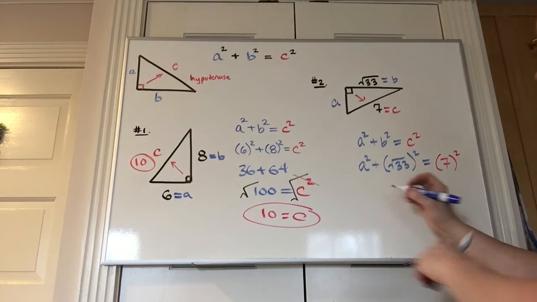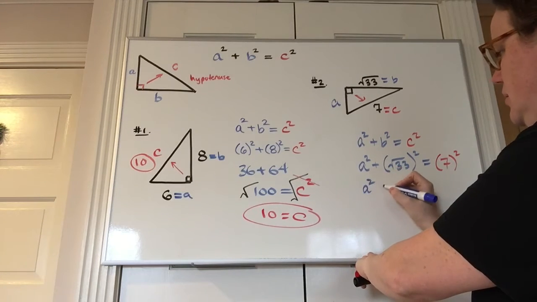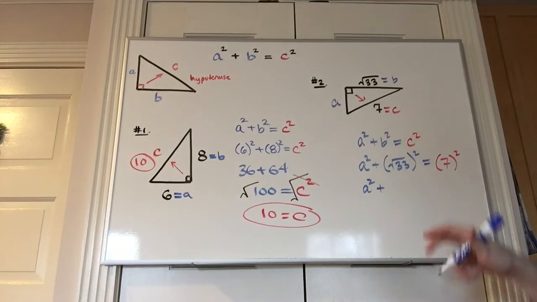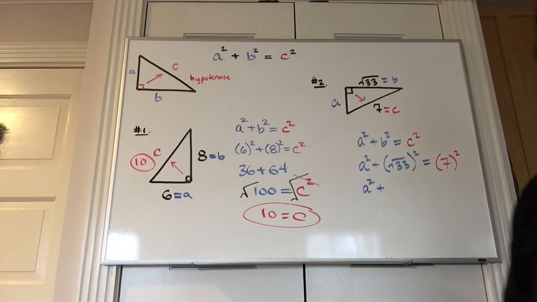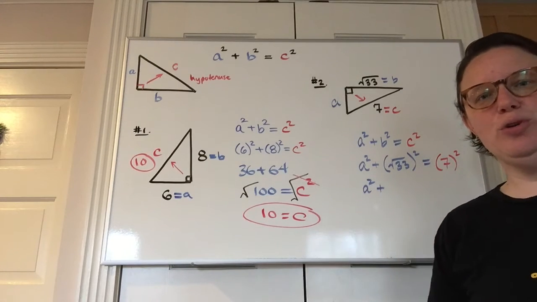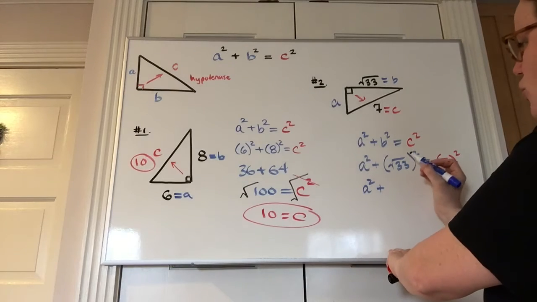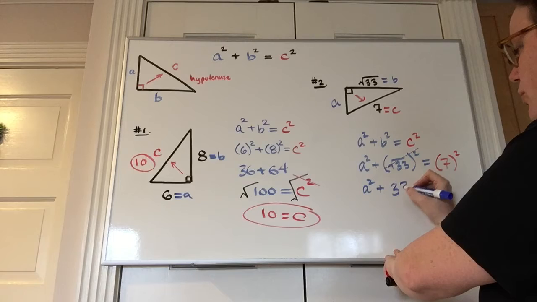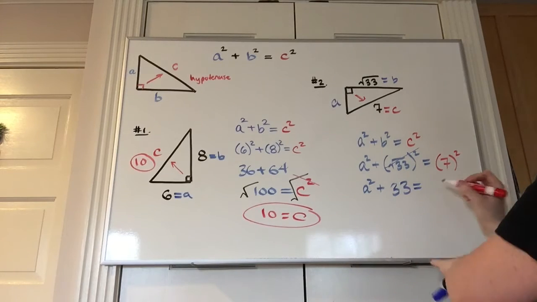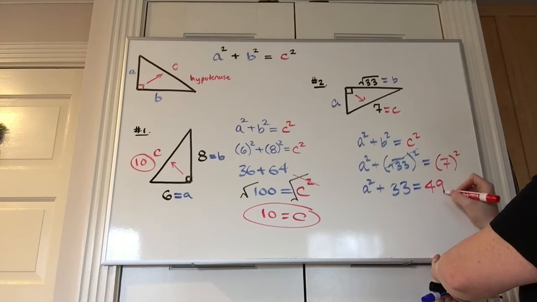Here's the cool part. If you have the square root of 33, that's a weird number, but if I ask you to square it, we said last lesson, squares and square roots always cancel out. So the square root of 33 squared is just going to turn into 33. And then 7 squared is 49.